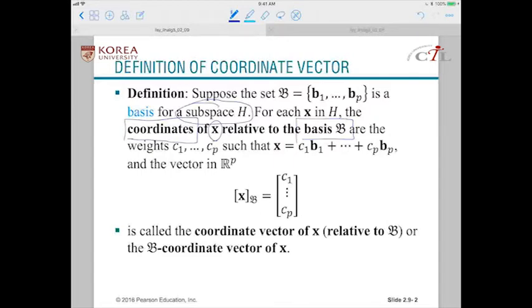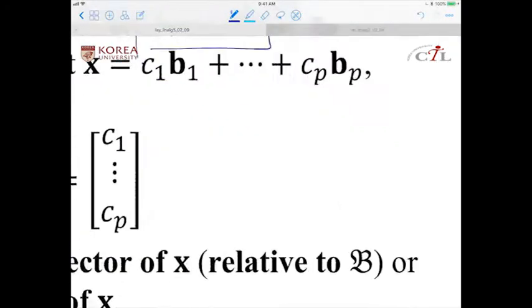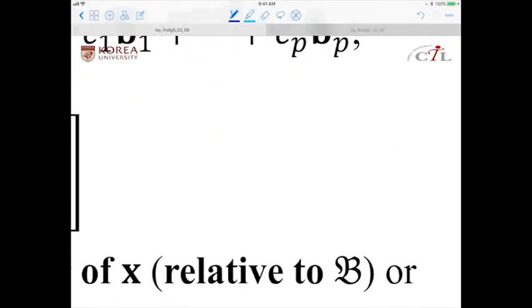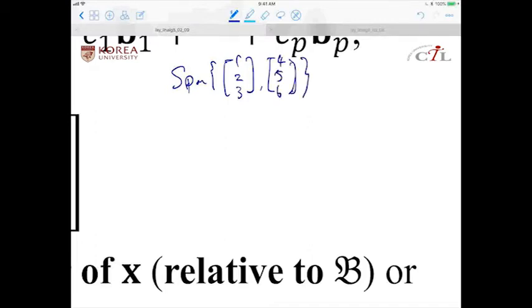So the intuitive meaning of that is as follows. Let's think about the span of 1, 2, 3 and 4, 5, 6. So this one clearly forms a plane, and these two vectors will be the basis vectors because they are linearly independent, right?